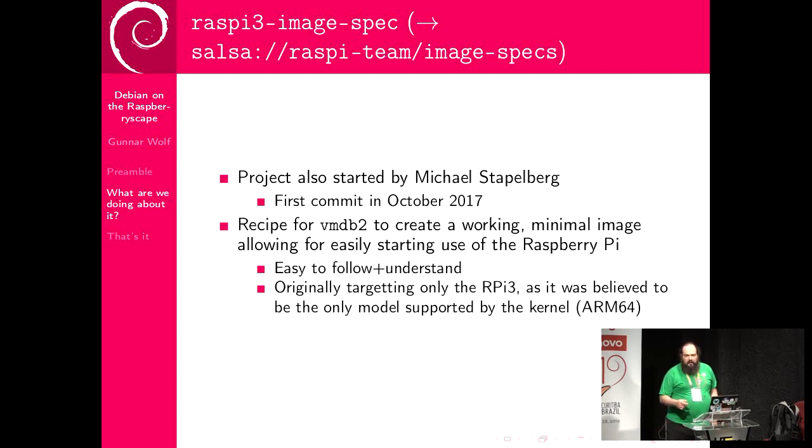But the thing is, the images we are building are ready to be booted with very, very little modifications I can soon describe. The way we're building this is with VMDB2, which is a large rewrite of the tool vmdebootstrap.